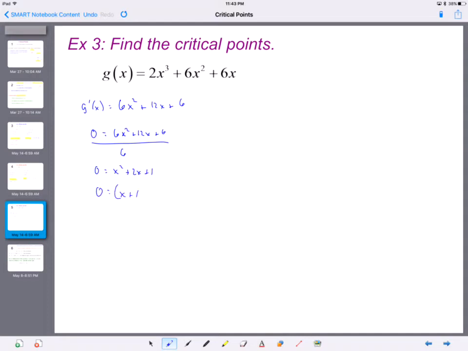And it looks like we can factor. And we get two solutions, but they happen to be the same. Well, if this is a cubic, how can I start and end in opposite directions and get only one relative max or min? Something doesn't seem right here.